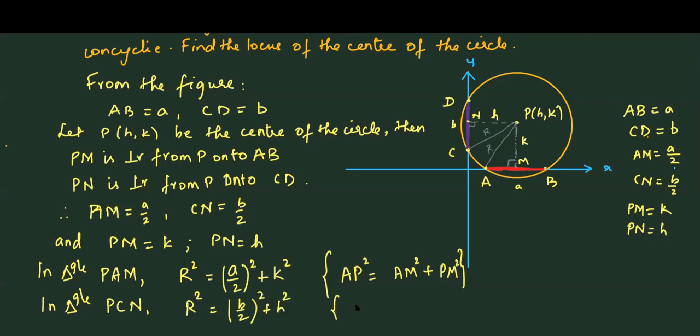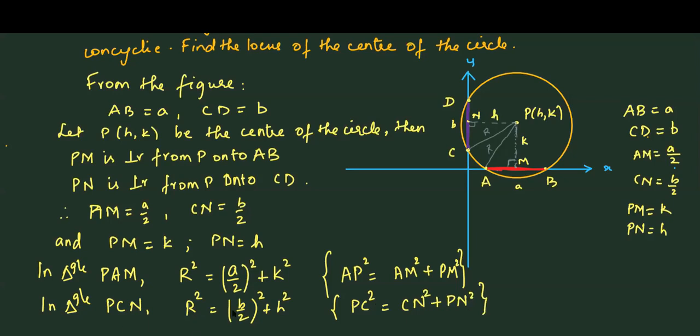PC square is equal to CN square plus NP square.